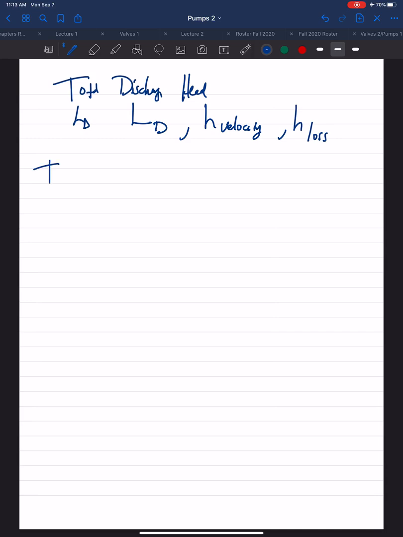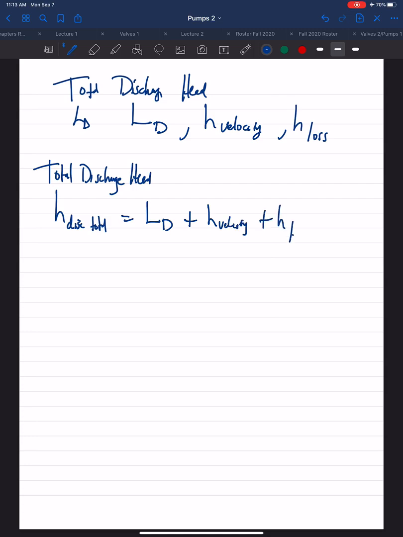So our total discharge head, H discharge total, static discharge head plus velocity losses plus frictional losses.